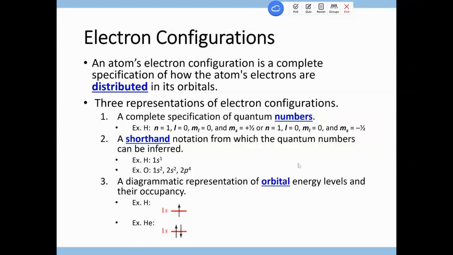But what we do for the orbital diagram is we draw a line for each individual orbital, and then we place an arrow to represent an electron in that orbital. These are represented on an energy scale, so we would have energy as a y-axis. 1s orbital is closest to the nucleus, that's lowest energy. 2s orbital is a little bit higher energy, so that would be higher on the energy scale.